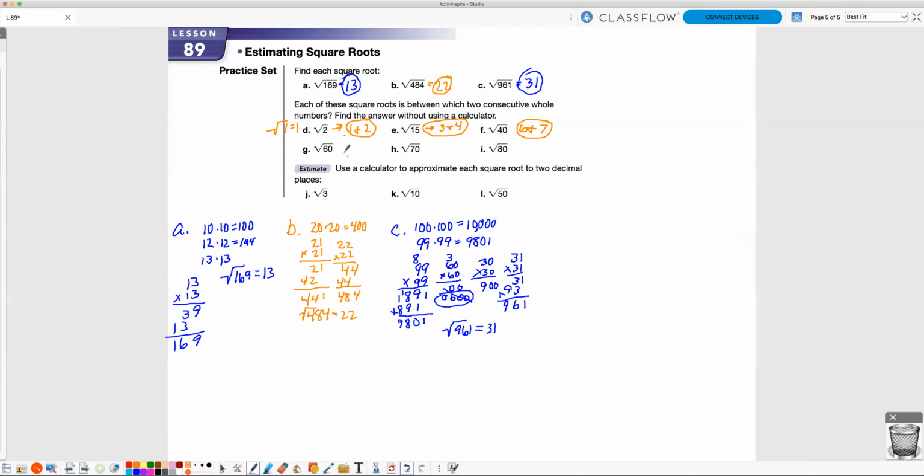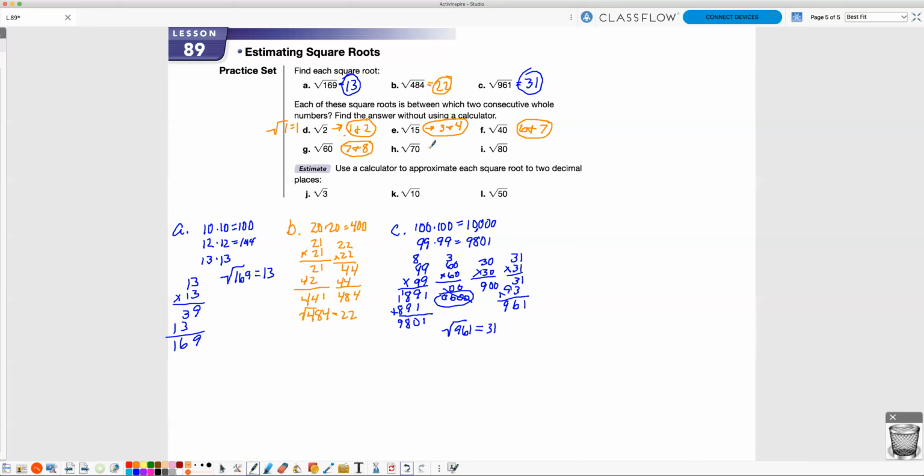Letter G, the square root of 60. So the perfect square of 8 is 64. The perfect square of 7 is 49. So this one has to be between 7 and 8 without using a calculator, the two consecutive whole numbers.